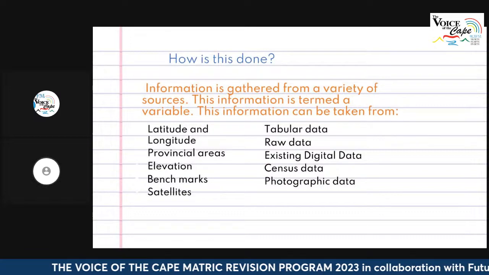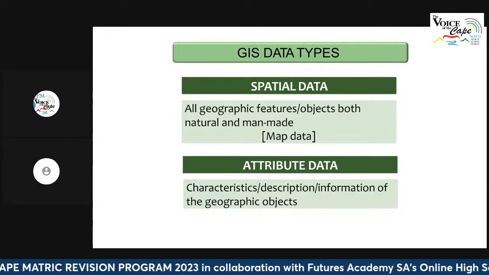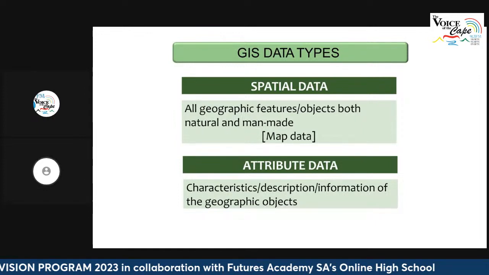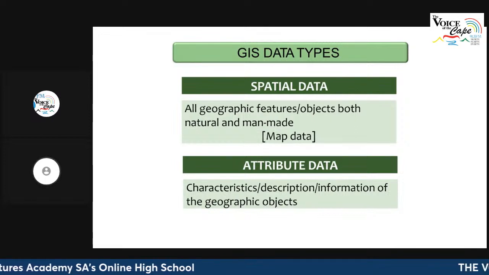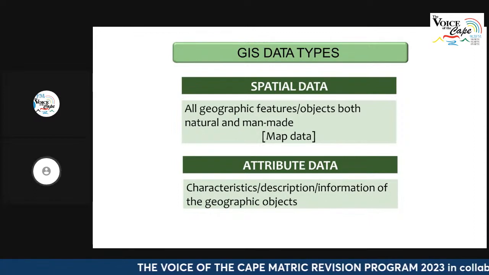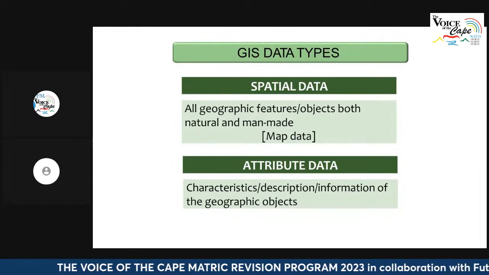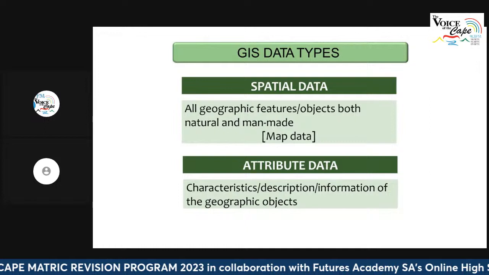Remember, this information is variable. Now, we get two different types of data. One is called spatial data, and one is called attribute data. Spatial data refers to just about anything that we find, whether it's man-made or natural, on a map. So we call that map data. I will say that again.